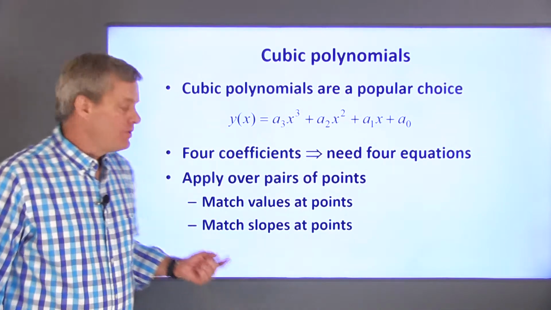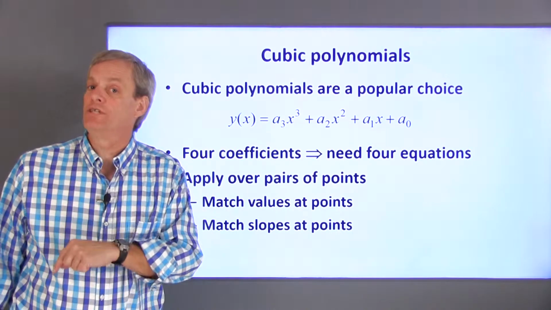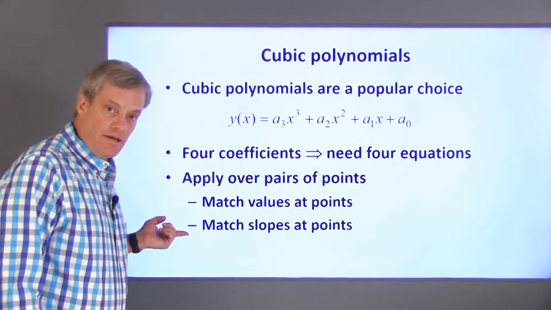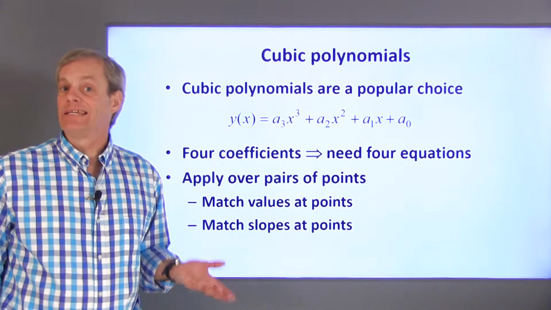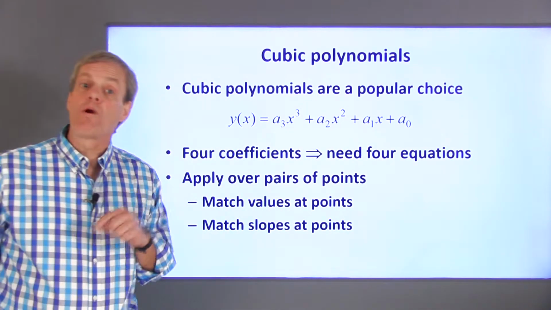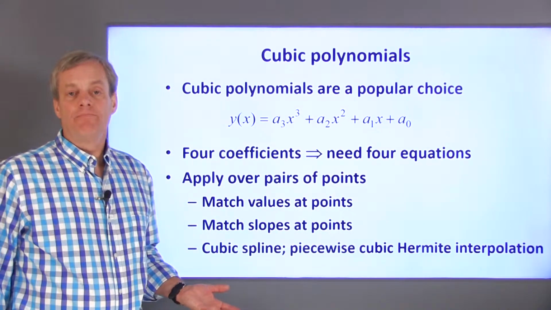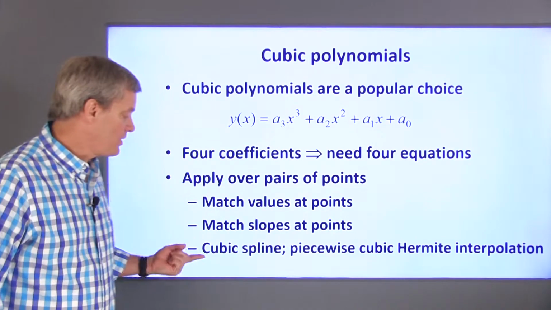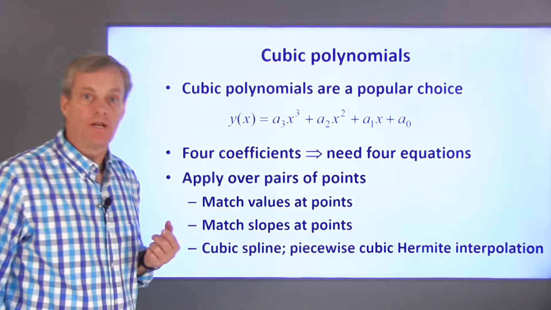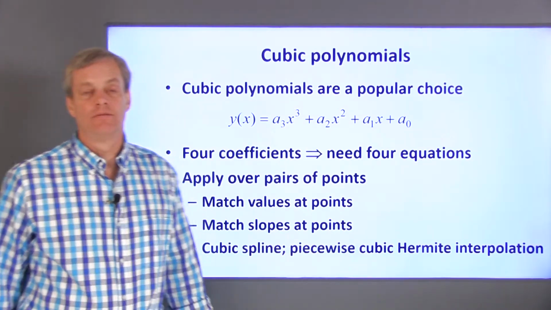For example, you could create 2 of the necessary equations from the values of the functions at 2 adjacent points. The remaining equations can be created by applying conditions that make the slopes of the cubic polynomials continuous where they join together. There are several variations on this theme. 2 of the most common are what is called cubic spline interpolation and piecewise cubic Hermitian interpolation.